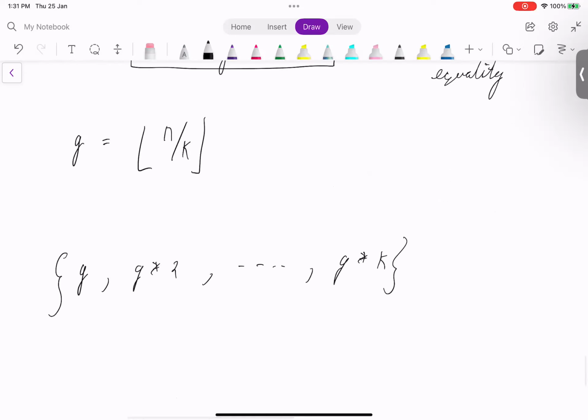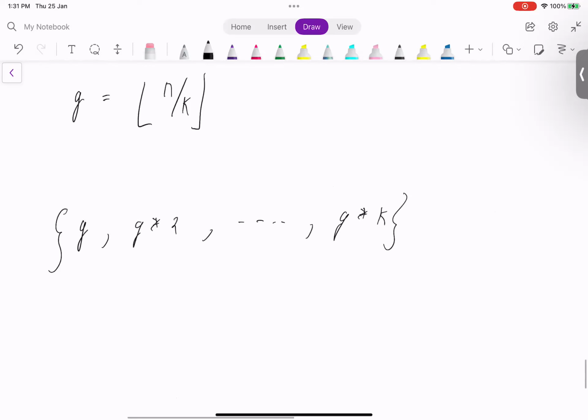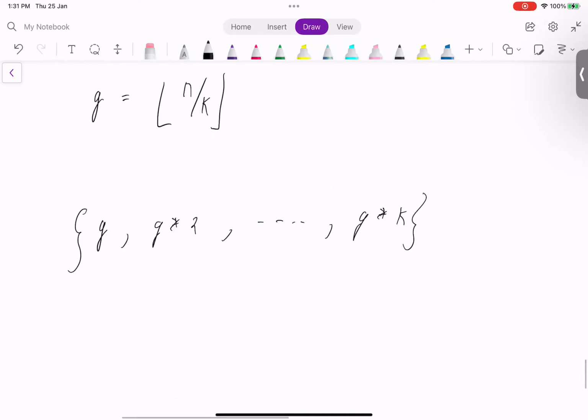So once we find G, we just print G into 1, G into 2, and so on till G into K. The GCD of this will be G, because all these are just multiples of G.